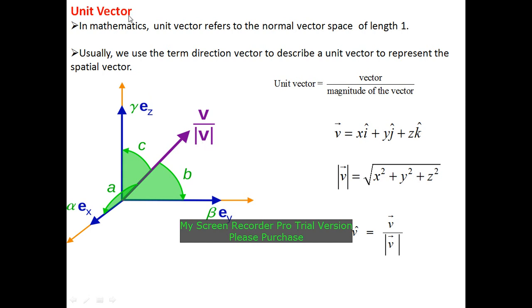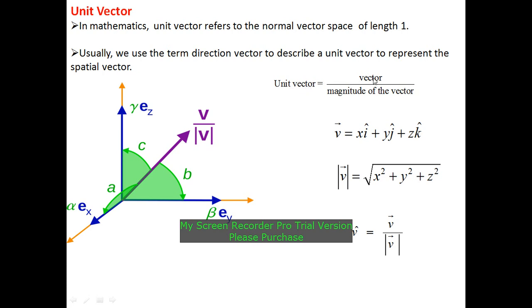There are many different definitions for a unit vector, but once you understand the meaning of a unit vector, it will be easier. So it is better that you understand the equation of the unit vector.